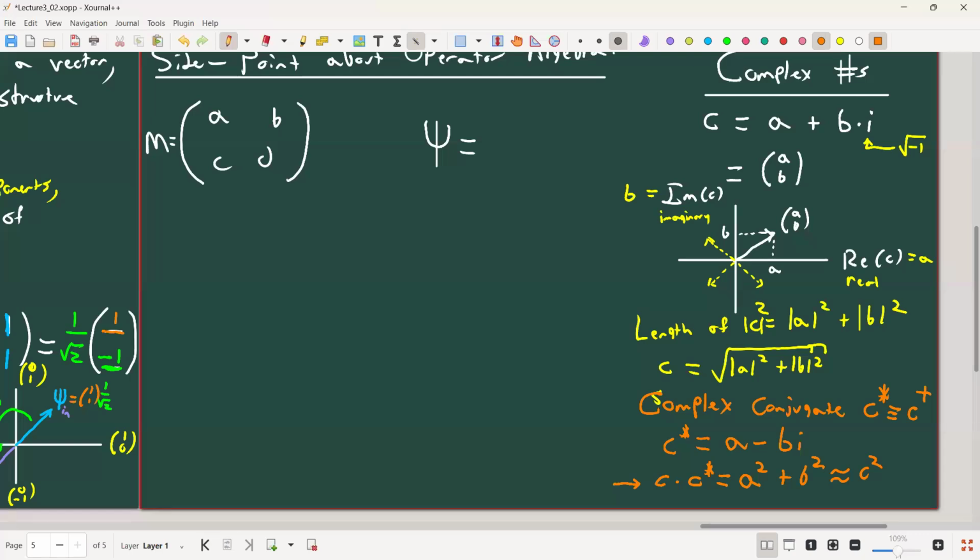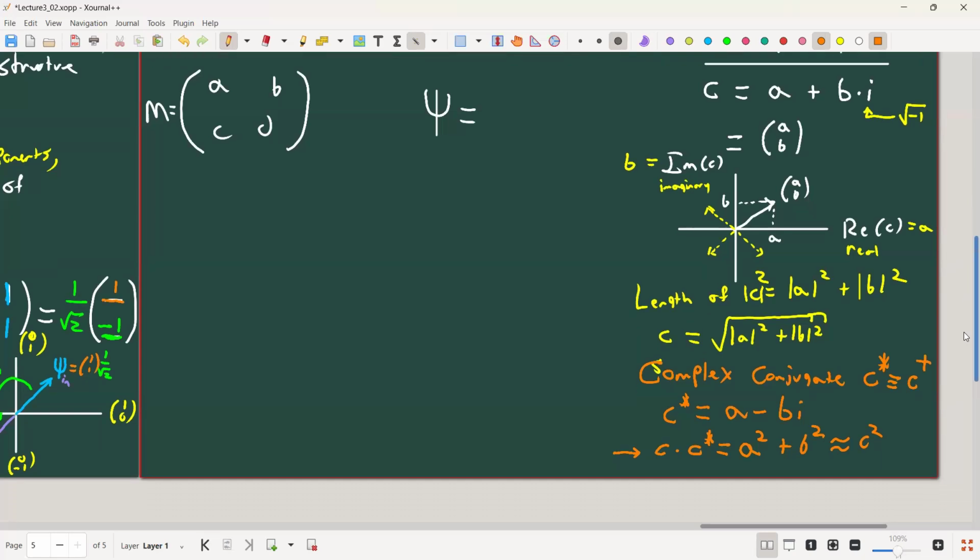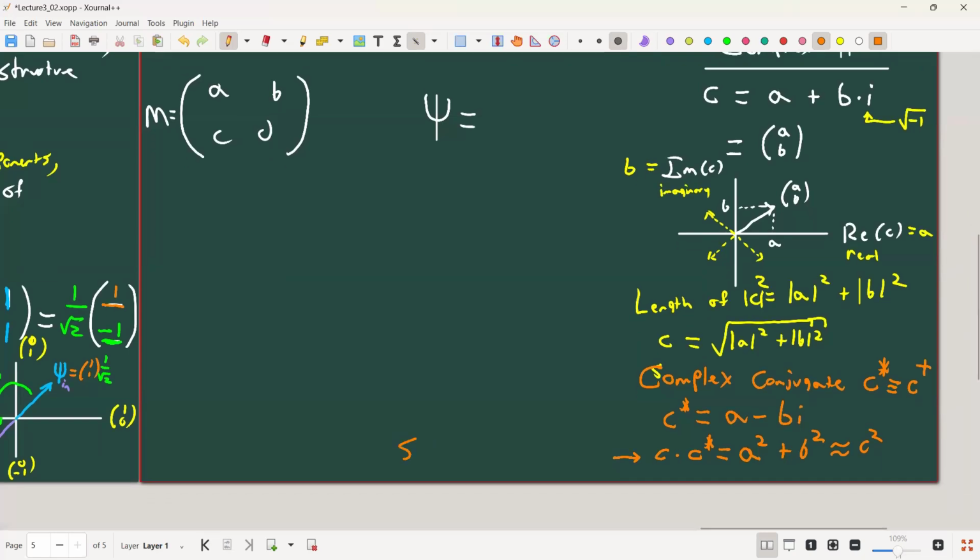So when we take a complex number and multiply it by its complex conjugate, we get the length of it back. So the square of a complex number is its length or its magnitude.